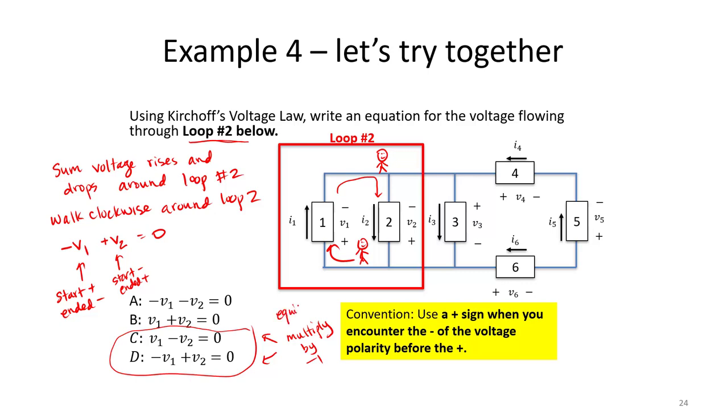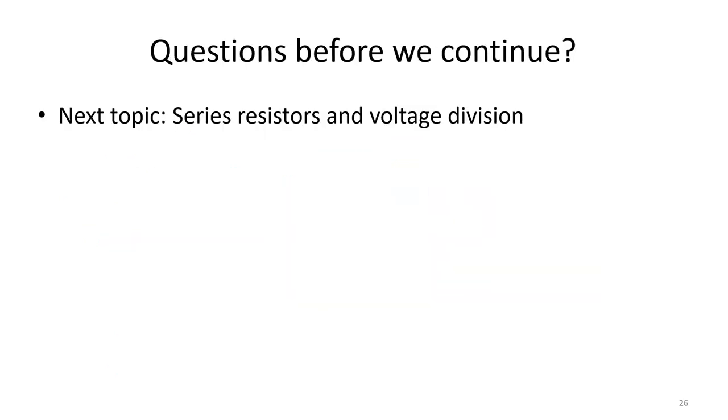They're equivalent. Basically, if you just move the terms to the other side, you would end up with the same thing. All right, so feel free to reach out if you have questions on this. Next, let's go ahead and cover our remaining topics about resistors.